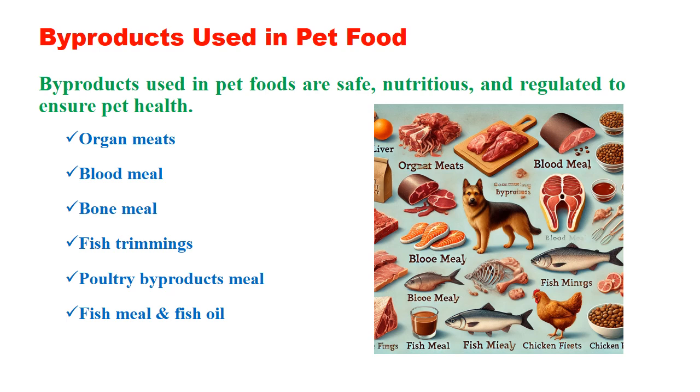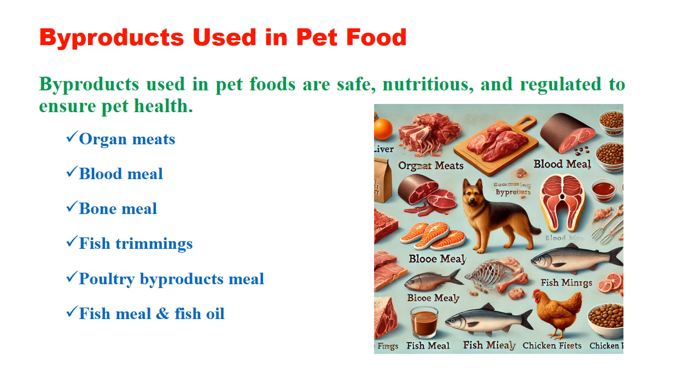During slaughter we get the blood that can be processed by rendering to make blood meal. Then bone meal, a byproduct of bone we get from the meat industry during deboning, that can be made into bone meal and is commonly used in pet food.